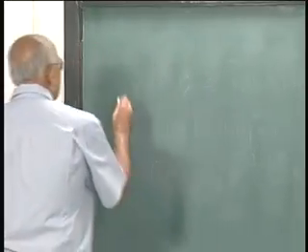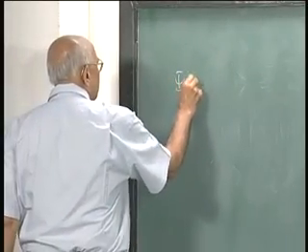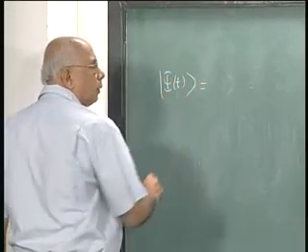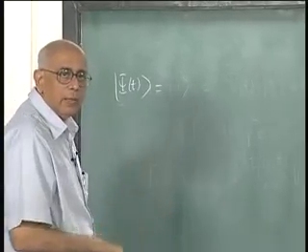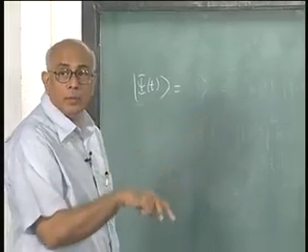So psi of t is a ket vector of some kind which is going to be written as a column matrix.